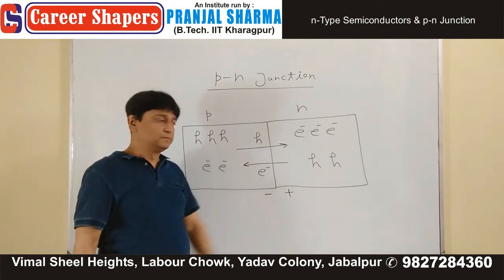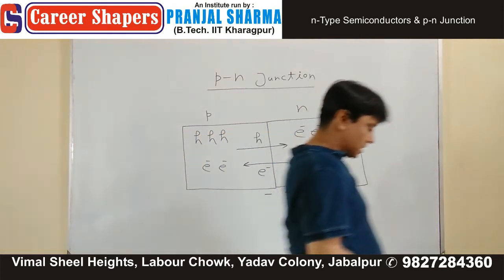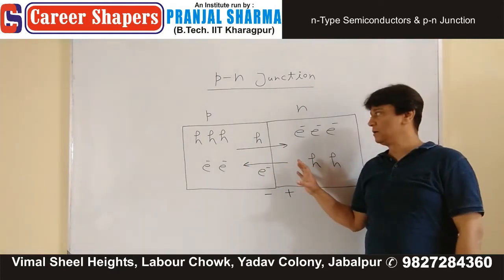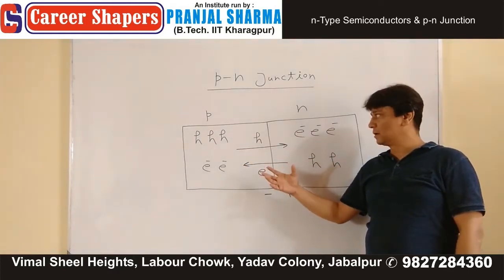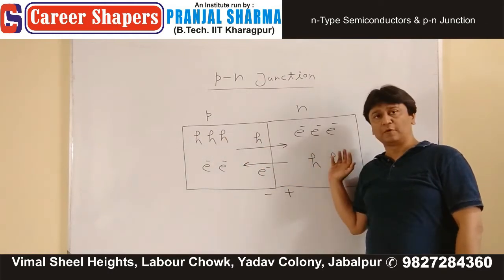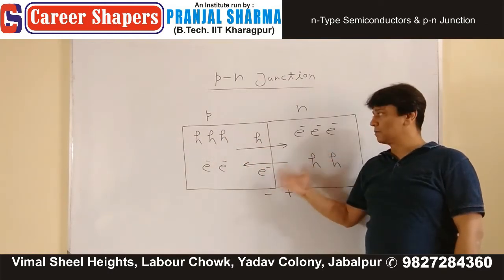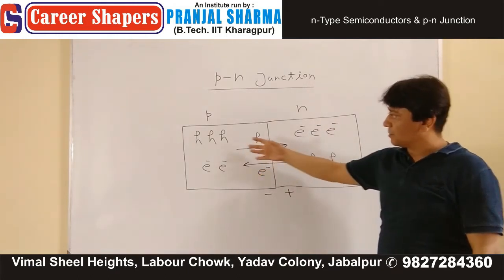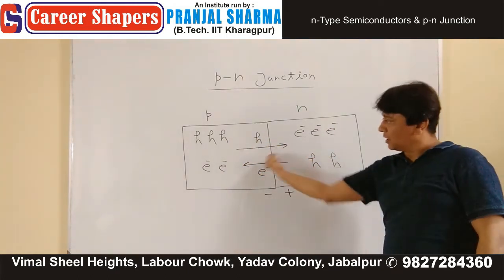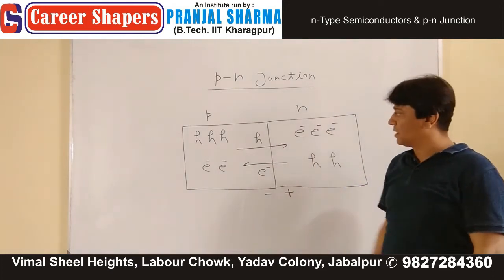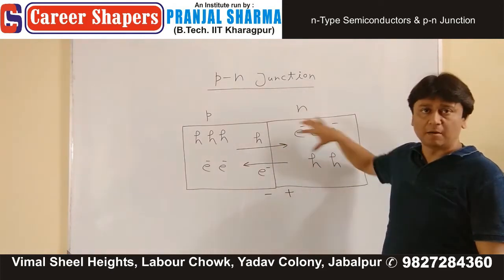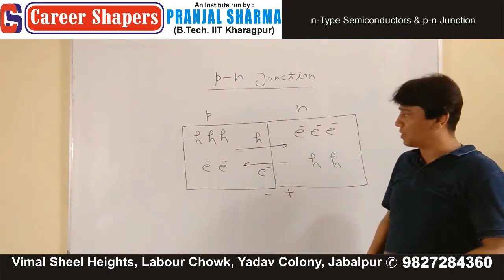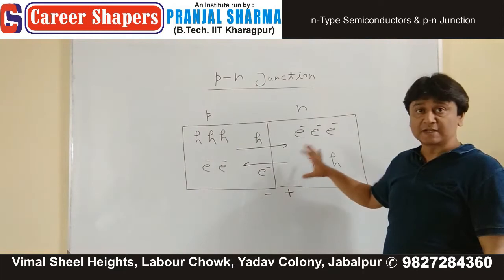What this does, you may think that this process will continue forever and you can transfer all the holes from this side to this side, or all those holes which find a suitable path, and they will move here and recombine. Recombine means a hole and electron will neutralize each other, but that doesn't happen.